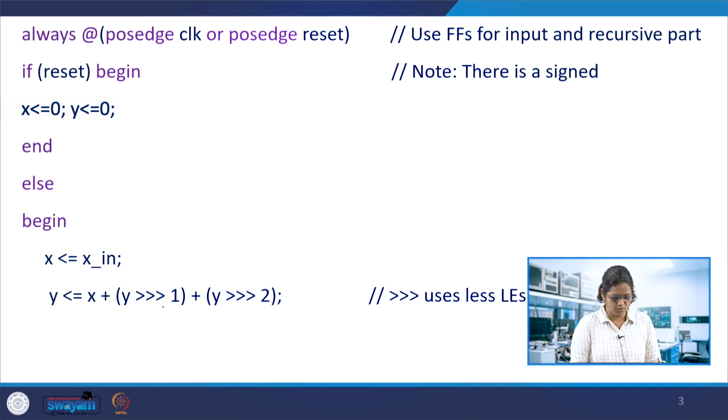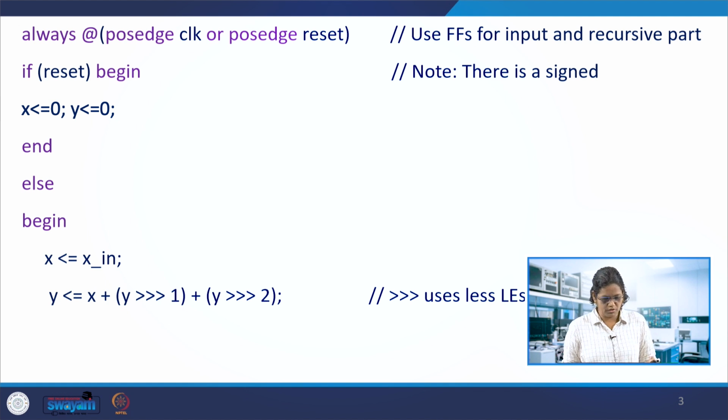You can see the non-blocking assignment. Now we can identify what these shifts are: arithmetic right shifts. If we use the arithmetic shift, then in the synthesis process it uses fewer logic elements, since right shift replaces the divisions and multiplications here.